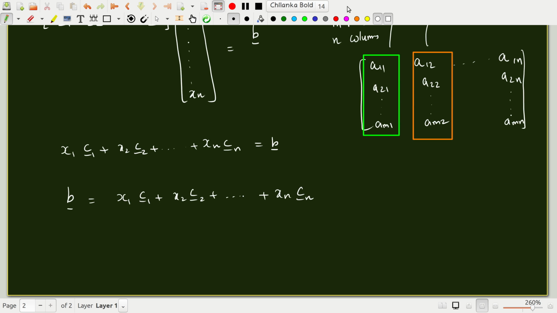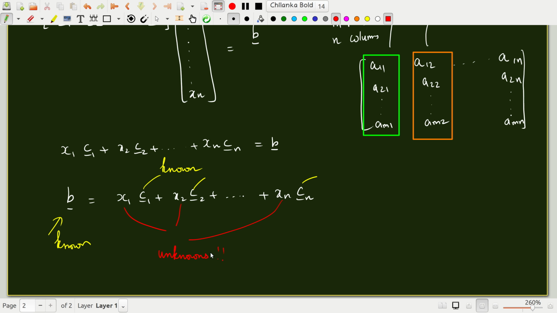Now this is a known vector. b is known, and c1, c2, so on up to cn are known, whereas x1, x2, xn are the unknowns.